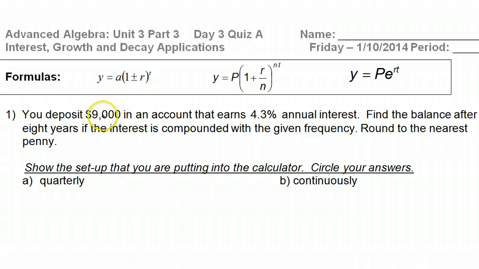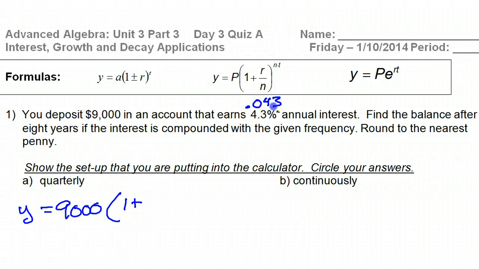$9,000 is the initial amount that you deposit. So that's going to be your principal, so we'll put that in for P. So we've got Y equals 9,000 times 1 plus R, the rate as a decimal, which would be 0.043. So 0.043.